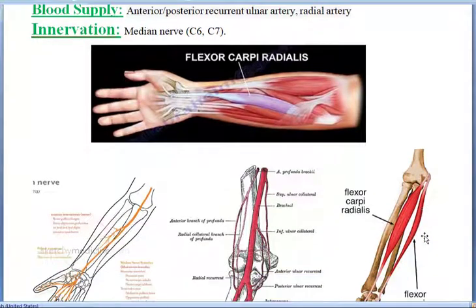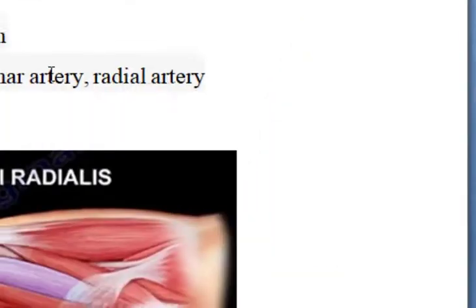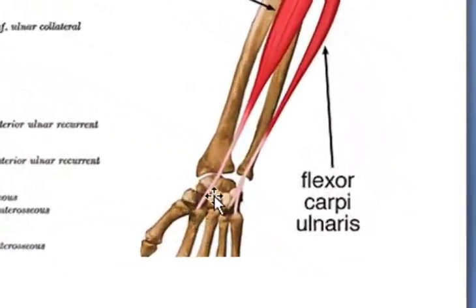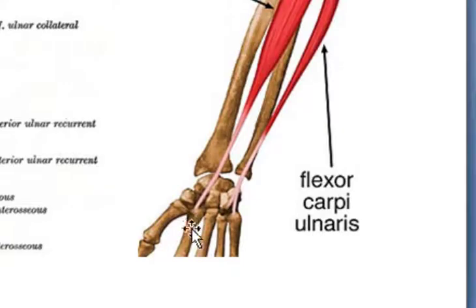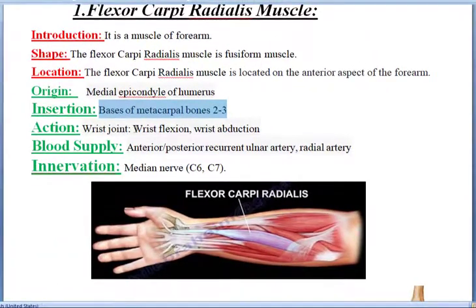Here you can see the medial condyle and the lateral condyle of the humerus. It inserts into the base of metacarpals 2 and 3. What is its action? At the wrist joint, it causes wrist flexion and wrist abduction.